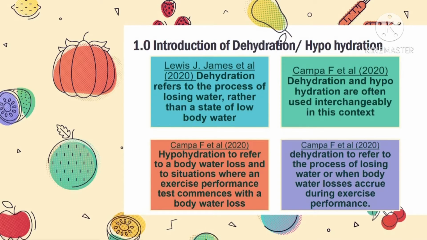Okay, now this is the first part of our task, and 1.0 is the introduction of dehydration or hypohydration. First of all, according to Lewis J. James et al. 2020, dehydration refers to the process of losing water rather than a state of low body water.